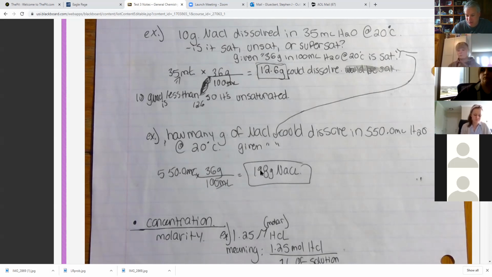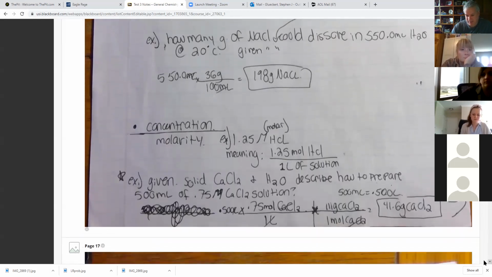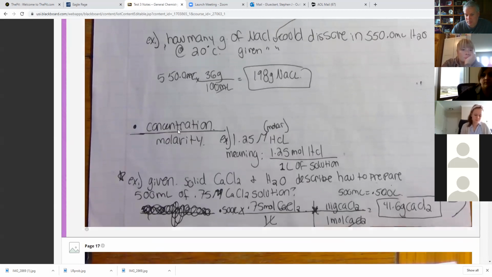It could hold 100, it could hold 75, it could hold 0.1, it can hold whatever it wants up to that 198. Now we're coming back to molarity. It can hold any amount up to that amount.